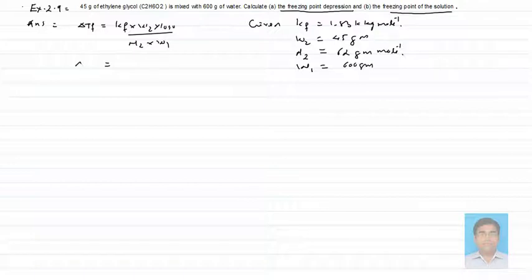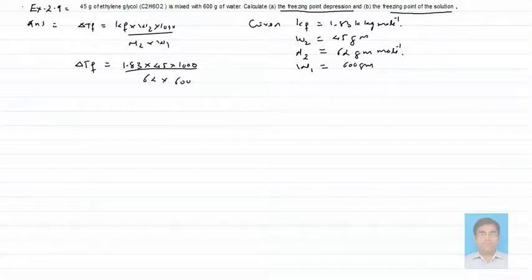So we have delta TF equals 1.83 into W2, that is 45 into 1000 divided by 62 into 600.